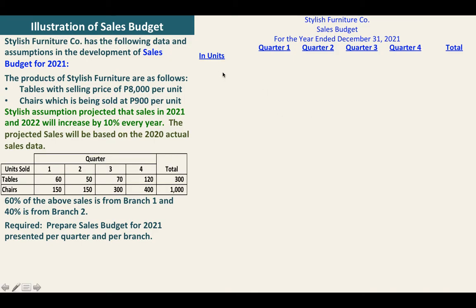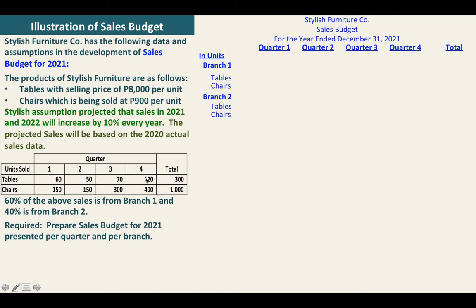So in units, we have to determine the branches that will be selling the products, which are branch 1 and branch 2, and the products of Stylish Furniture are tables and chairs. For the assumption on 2021, there will be an increase of 10%.